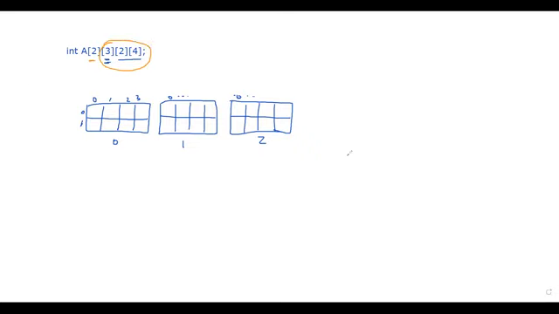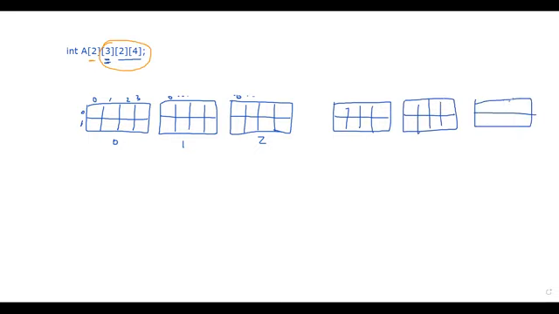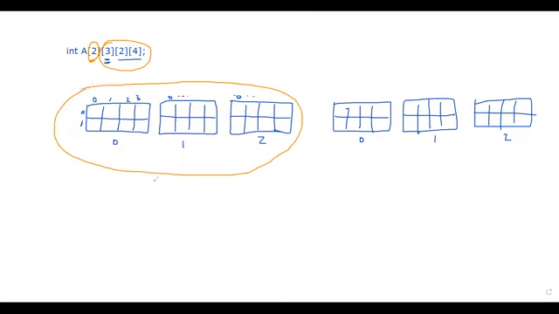Then I should make one more 3-dimensional array, like this. Just expand the size. And this is 0, 1, 2, right? And look at this one, these 2. This is 0. This is 1.